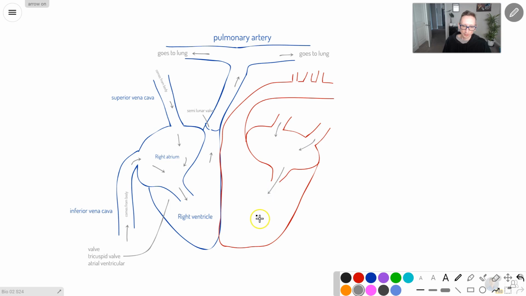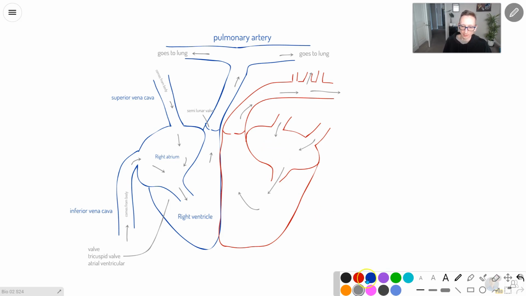We got our arrows like such. And this can go up to the head or down to the body. This goes down and around. Okay, over here we've got also our semi-lunar valve. Another semi-lunar valve. All right, and let's label all these parts.